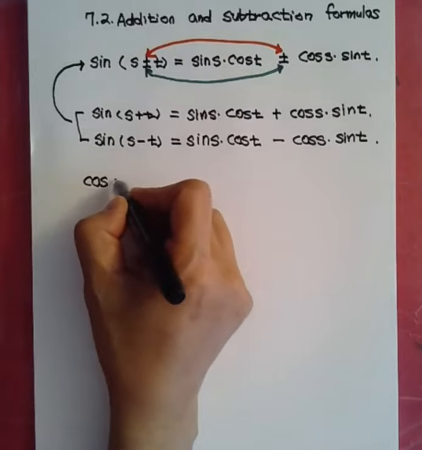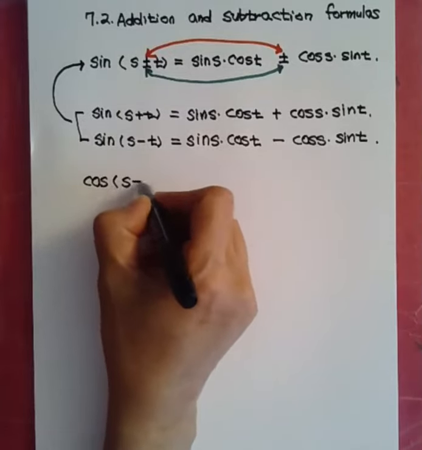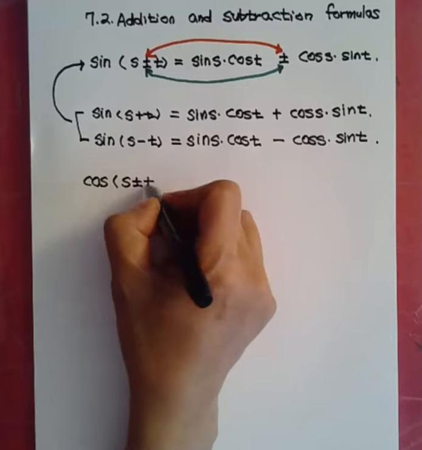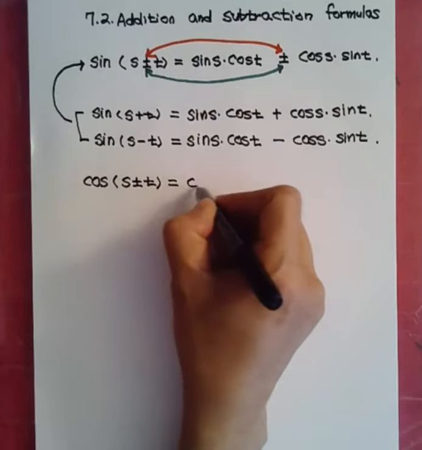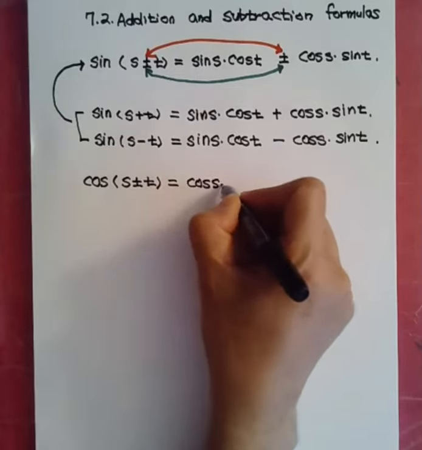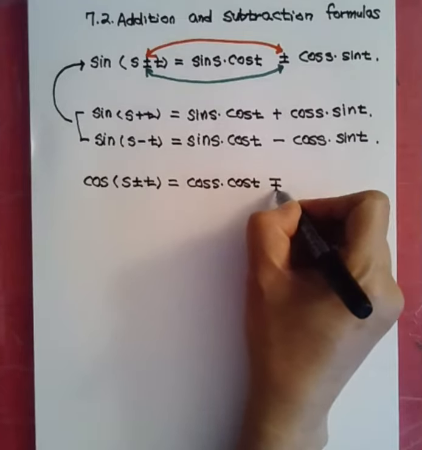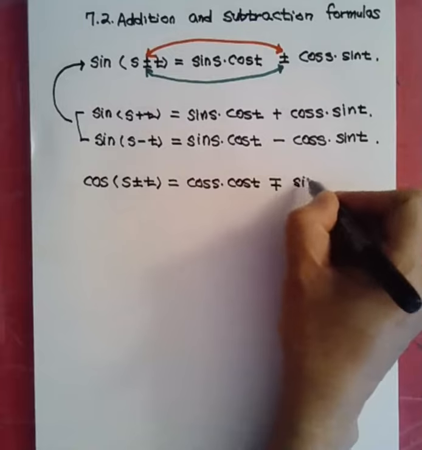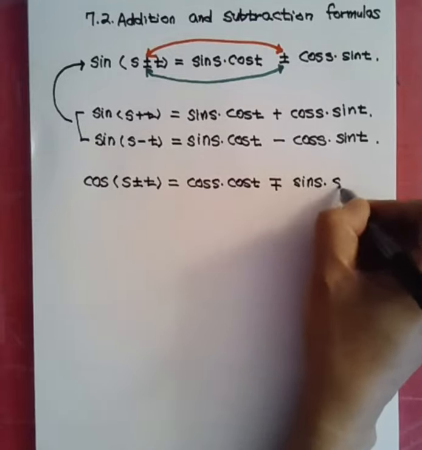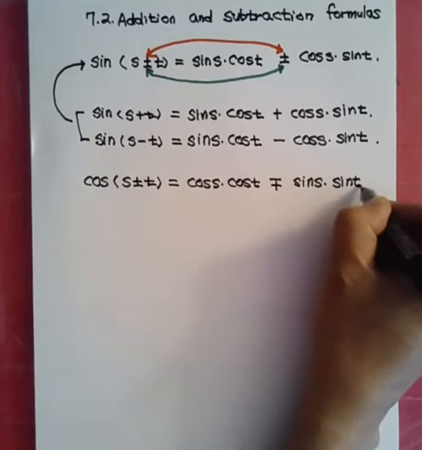Cosine formula is cosine of s plus or minus t equals cosine of s times cosine of t minus or plus sine of s times sine of t.